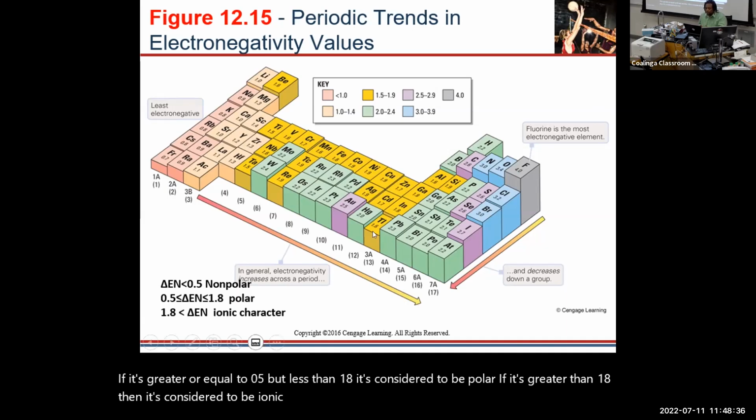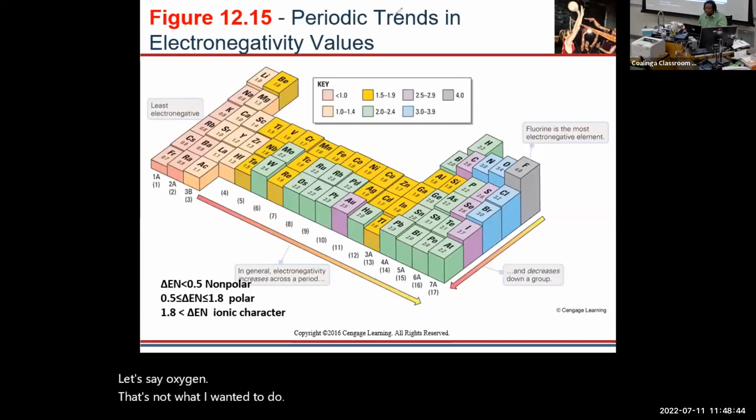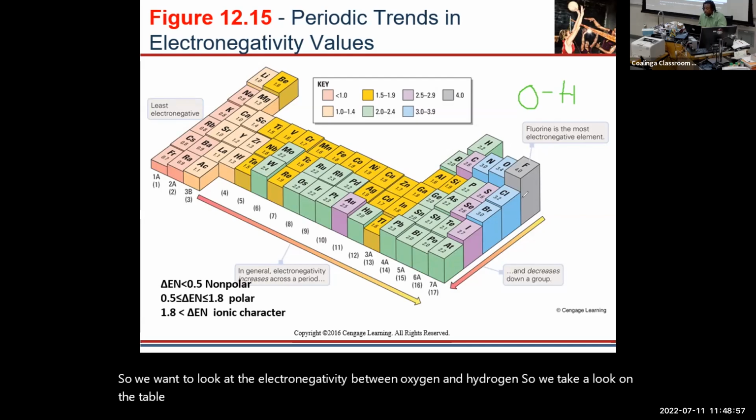So for instance, if I have oxygen and hydrogen, we want to look at the electronegativity between oxygen and hydrogen. So we take a look on the table. Oxygen's electronegativity is what? 3.4.